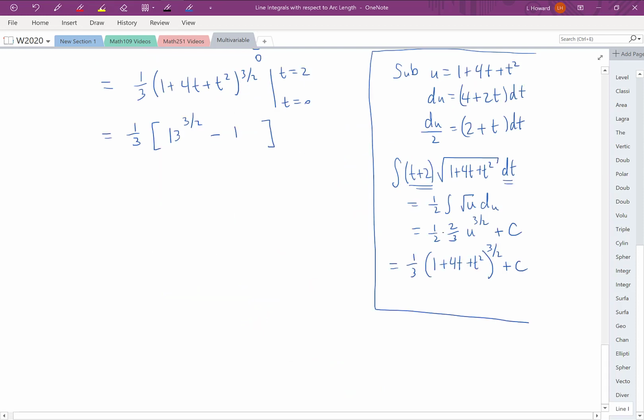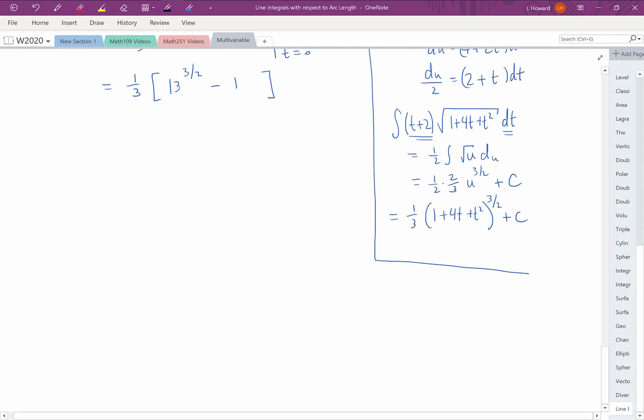So I wanted to finish this video with just a little bit of terminology. In this video, we were looking at integrals like the integral along some curve c of some function times ds. And when you see an integral like that, that's properly called a line integral with respect to arc length.